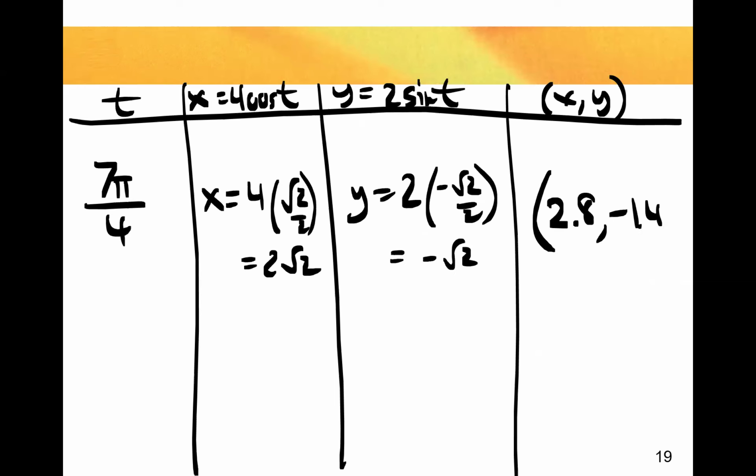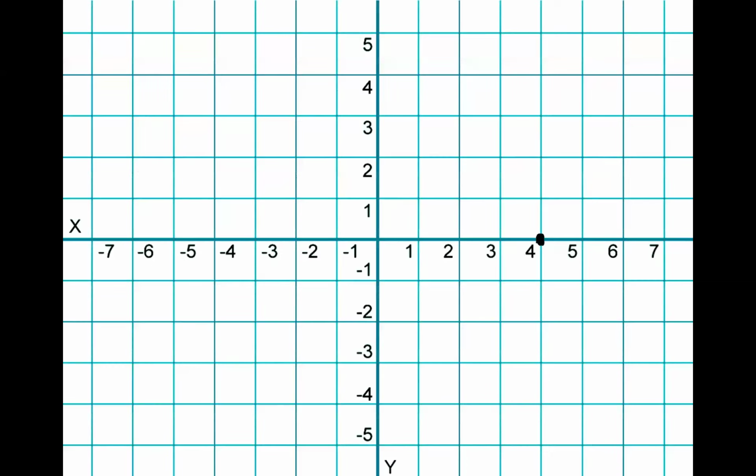So first point was 4, 0. Is that true? The next point was 2.8, so 2.8 sideways, but then only 1.4 up. So about right there-ish. Is that where you guys plotted yours? So the next one was 0, 2. So 0 sideways, 2 up. And then it was negative 2.8, but still up 1.4.